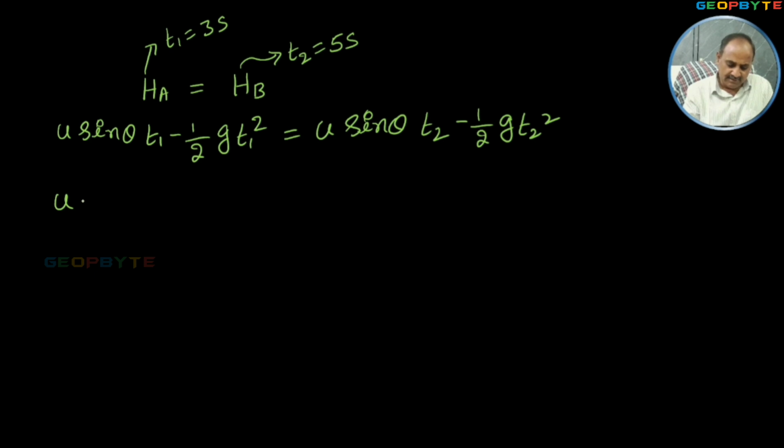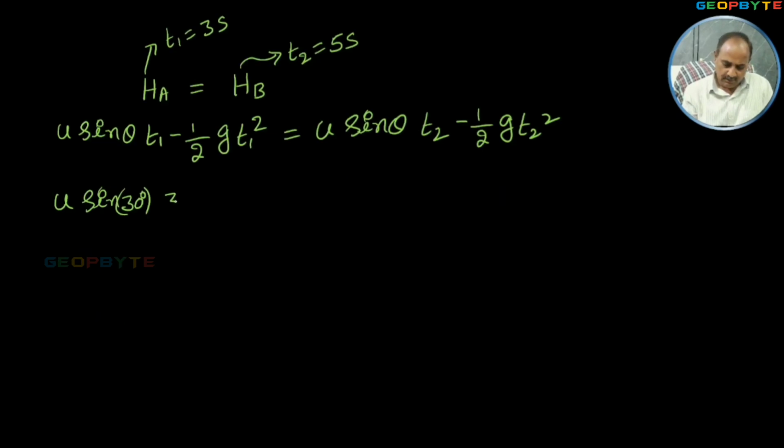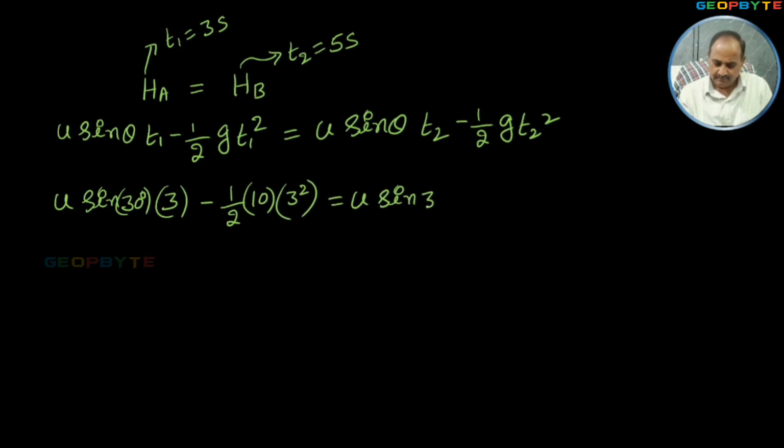So u sin 30, because the angle of projection is given as 30 degrees, into T1 which is 3 seconds, minus half g T1 square, equal to u sin 30 into T2 which is 5 seconds, minus half g T2 square. Simplify this part. Of course, this g we can write as 10.